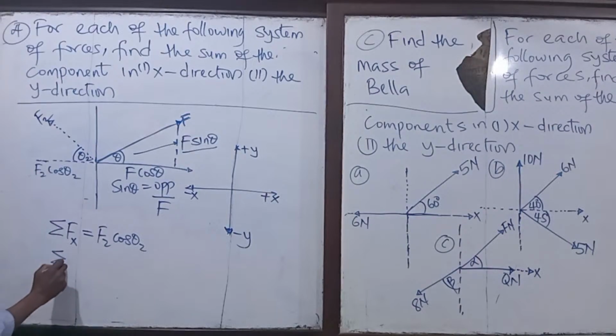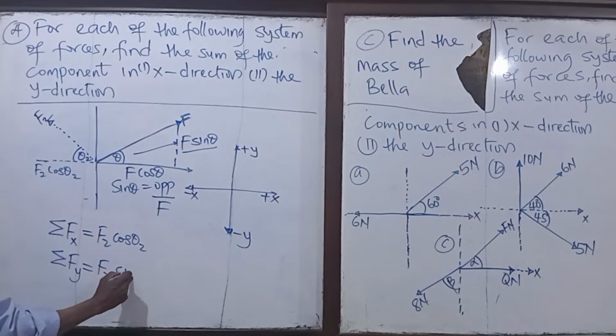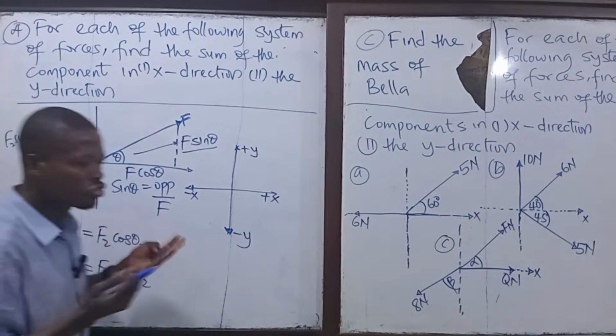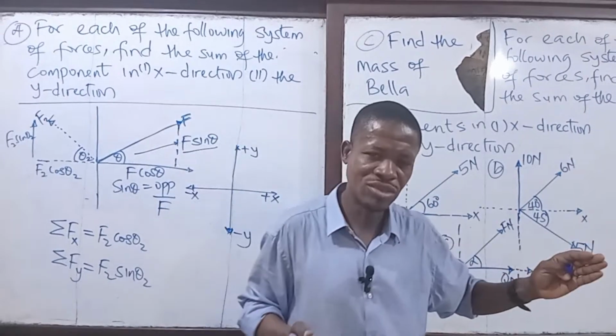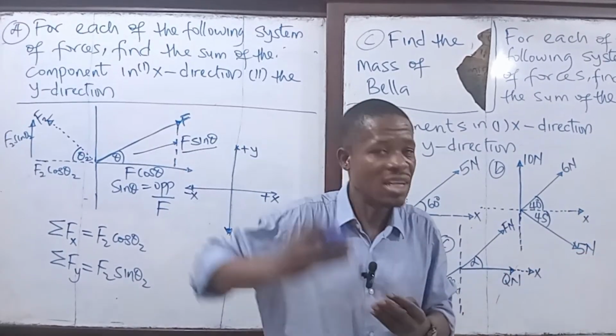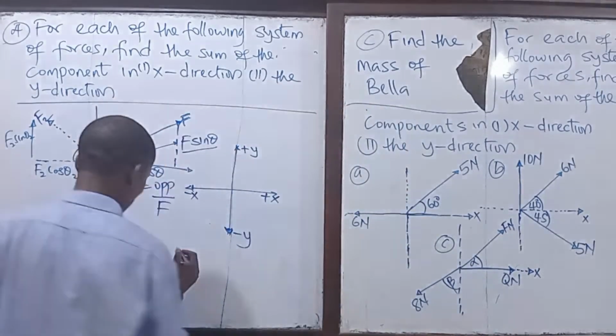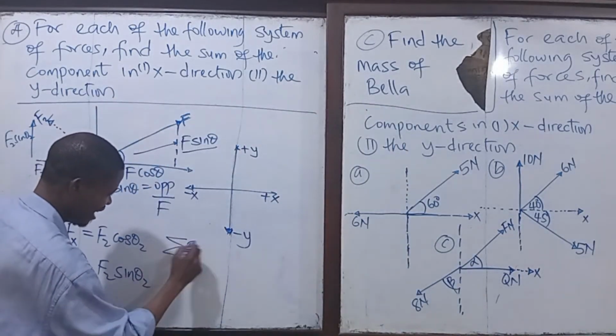When you resolve along the vertical, it's going to be F2 sine theta 2. Then we can now find the total forces along the horizontal and the total forces along the vertical. So, summation of the forces along the horizontal.